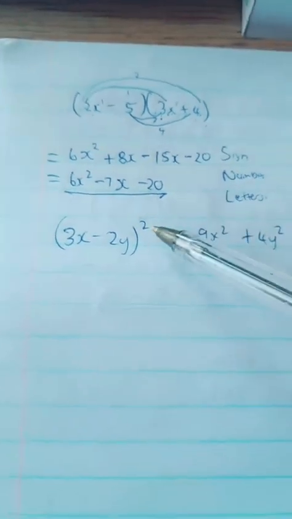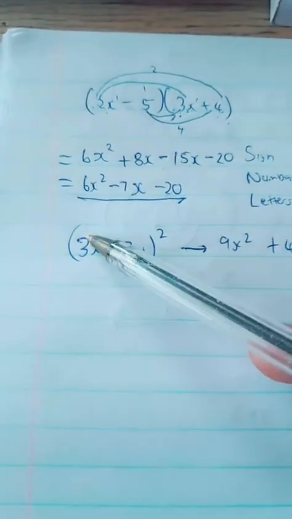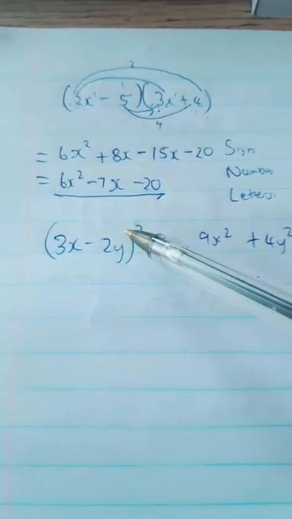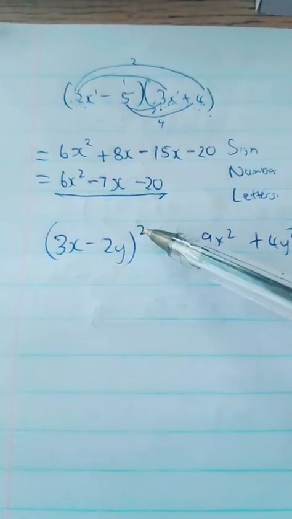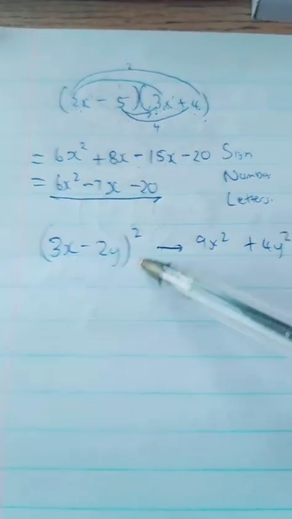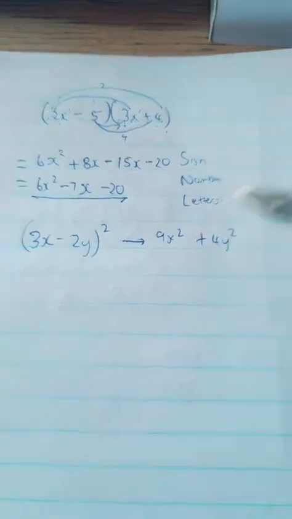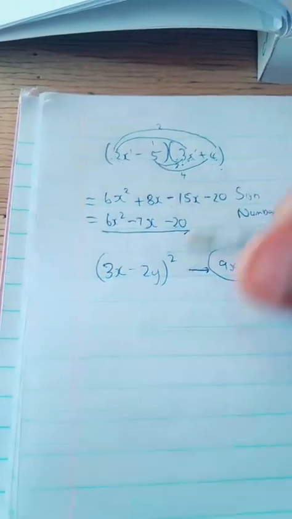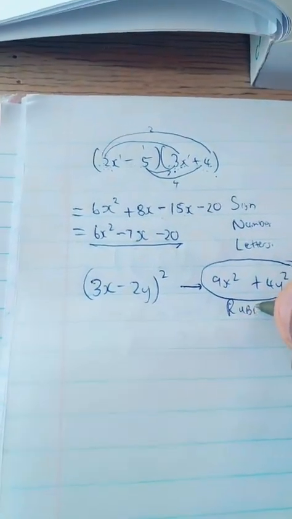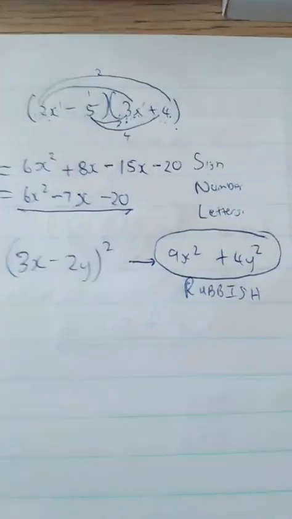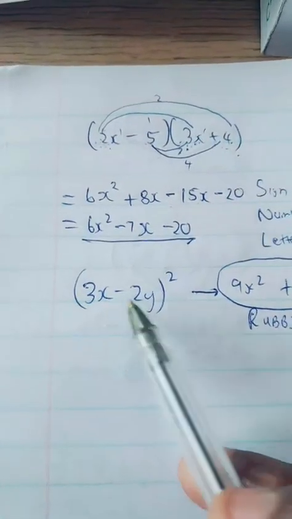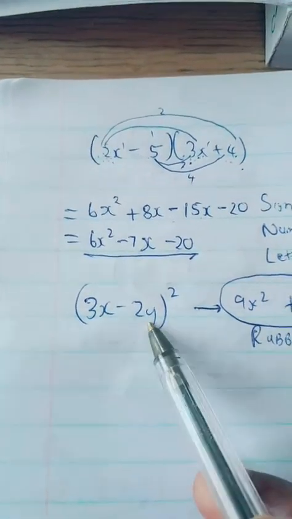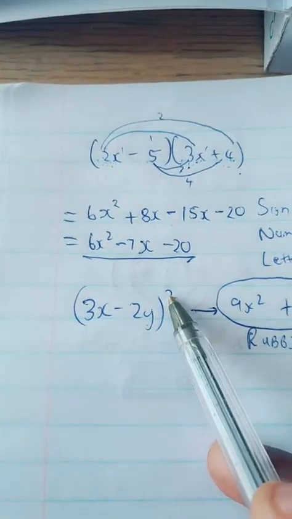Why? Because what they do is they say you square the first term, so you get 9x squared. And then they say you square the last term, you get 4y squared. And then they say the answer is 9x squared plus 4y squared. This, guys, I want to say is rubbish. Why? Because inside the bracket we have how many terms? There are 2 terms. And we have an exponent.